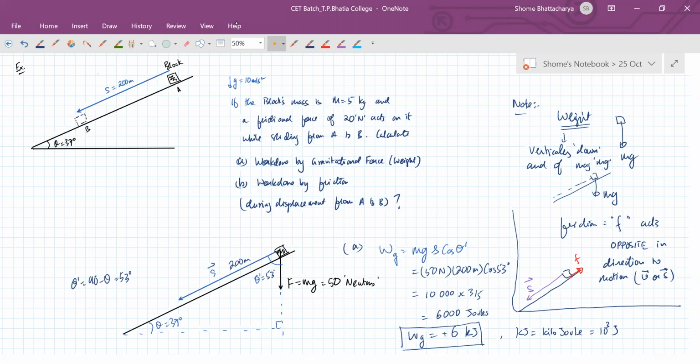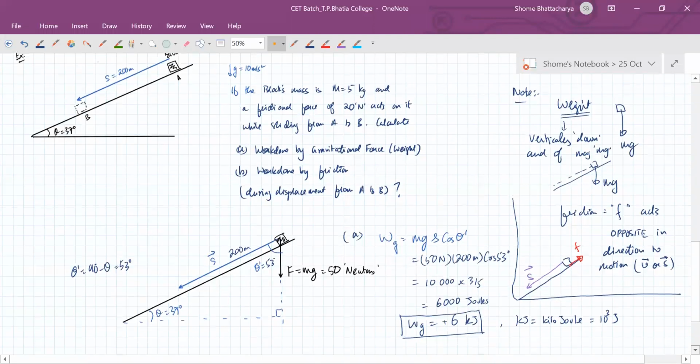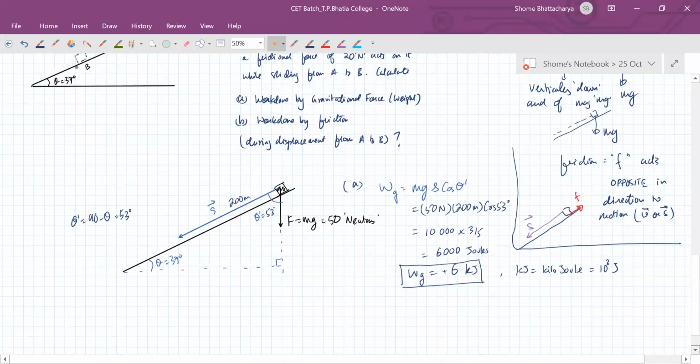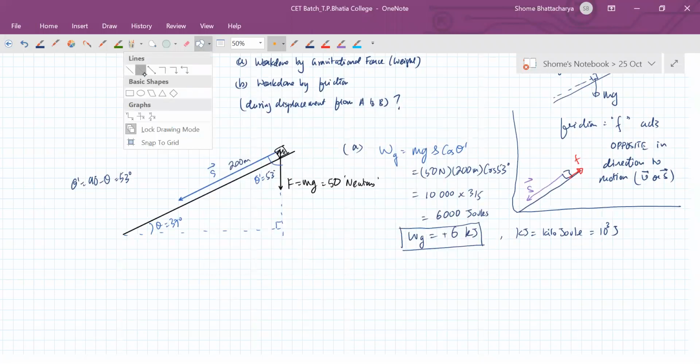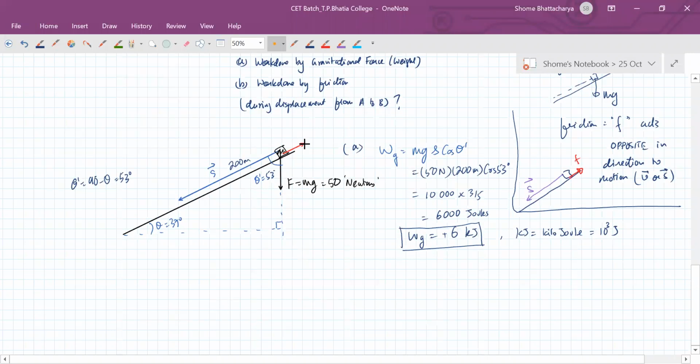Yeah, so what about the work done by friction? Anybody got that? In the same diagram, people, it's very simple really. If you just see the force of friction, that is a vector arrow in which direction? It's pointing like this, opposite to the displacement.